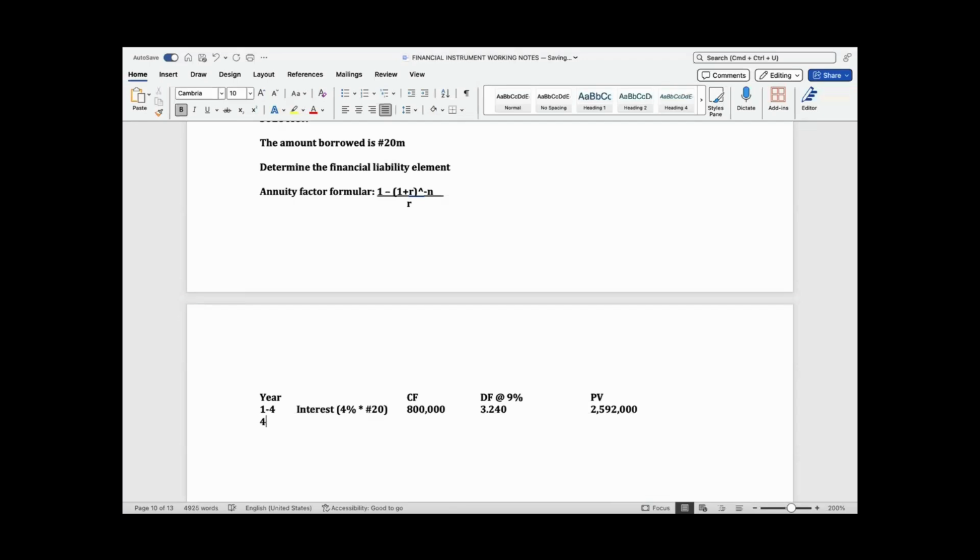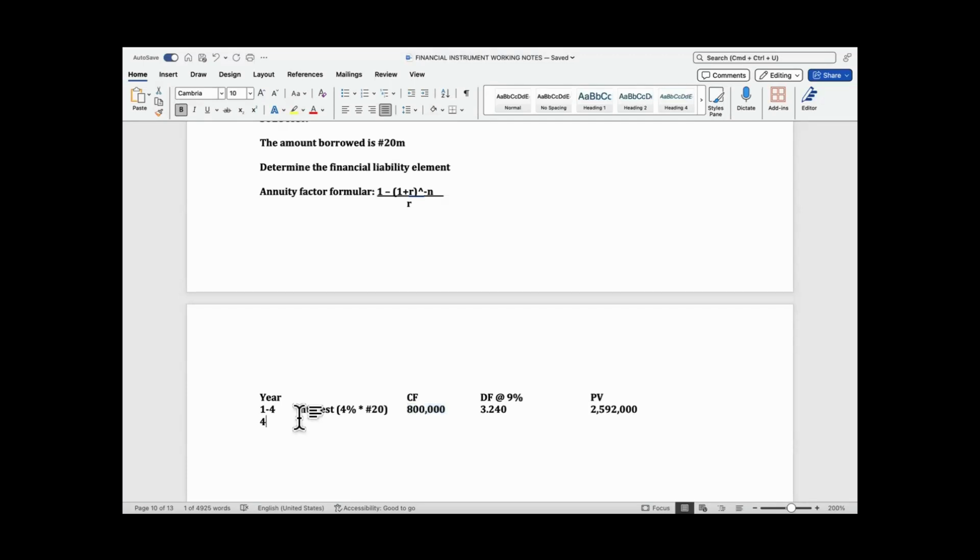Then we would also determine the present value of the principal amount, which is paid in year 4. This interest is paid every year, which is why we are using the annuity formula, because the 800,000 is per annum, and whenever we want to get the present value of annual amounts, we use the annuity factor.